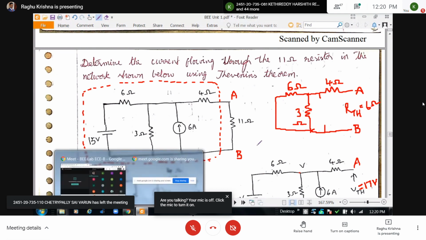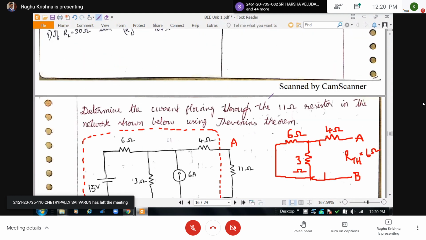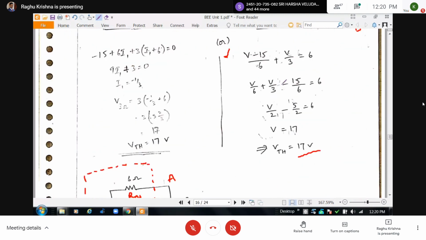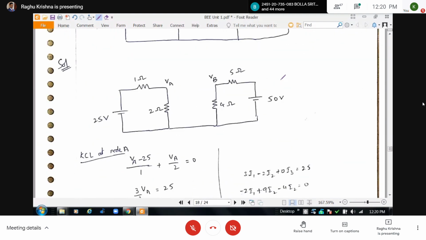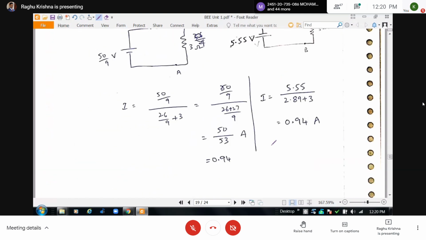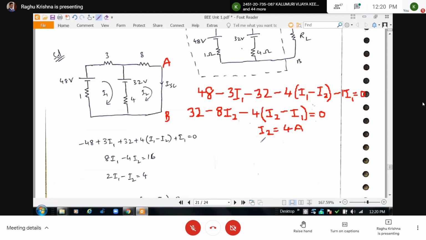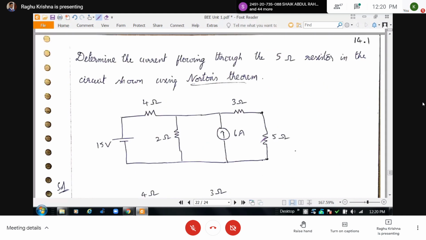So those who have tried to do the same problem using Norton's theorem, I will show the circuit diagram, same circuit.